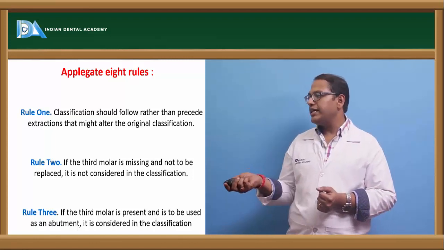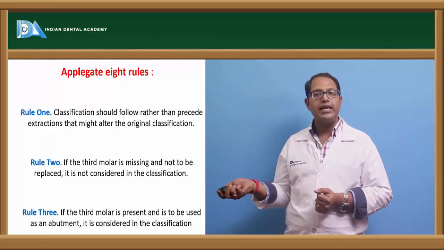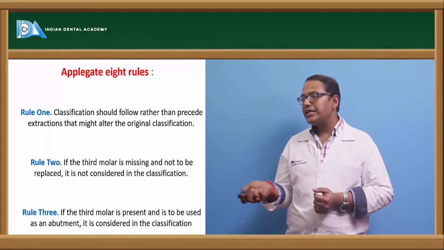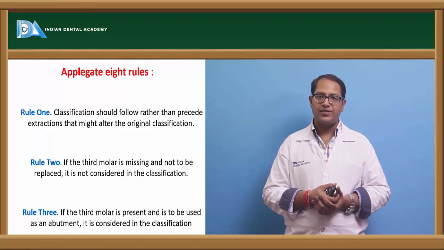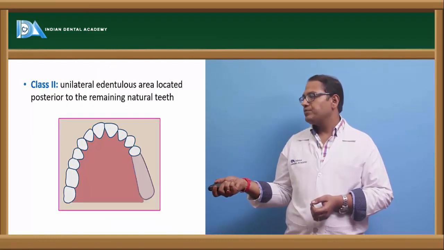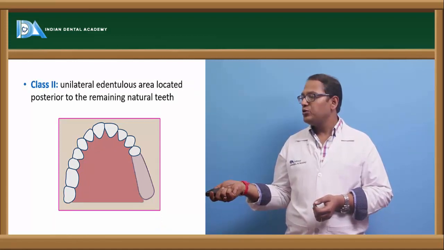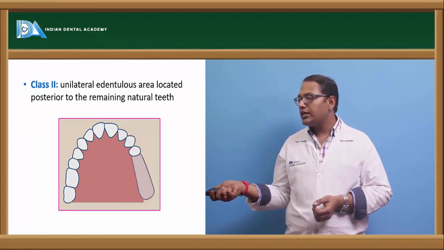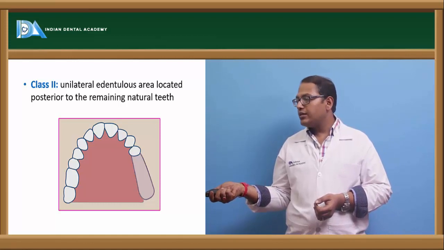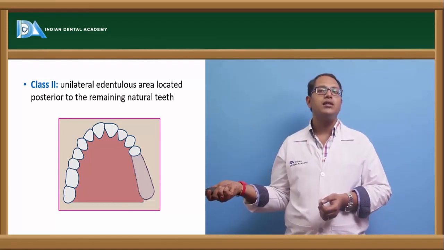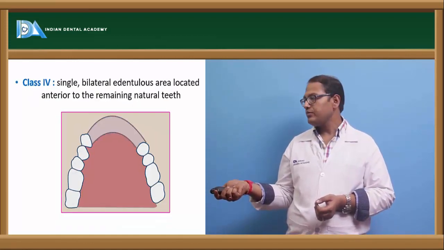Rule number 2 says if the third molar is missing and not to be replaced, it is not considered in the classification. For example, here if there would have been a third molar that I want to remove and I am not considering it, that third molar will not be considered in the removable partial denture.